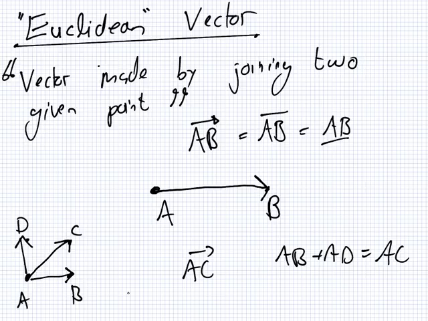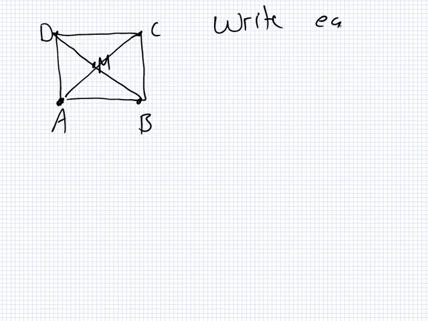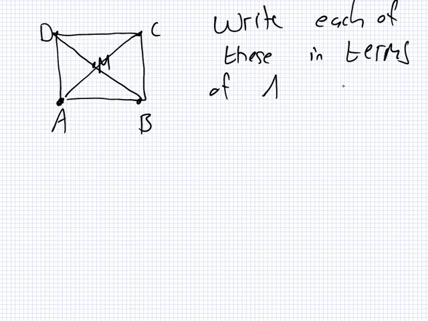Right. So we have a square. A, B, C, D, and M in the middle. And my question is, write each of these in terms of AB and or AD.